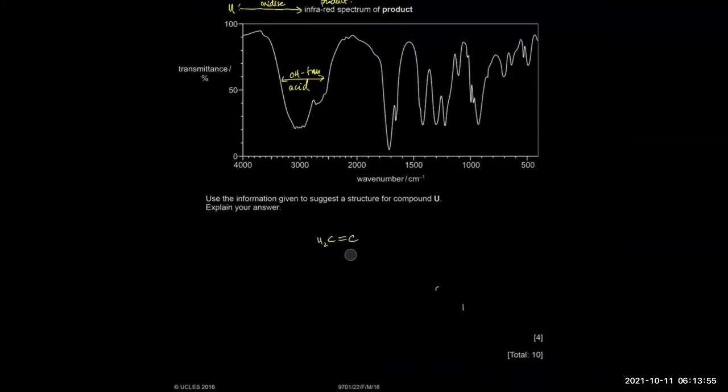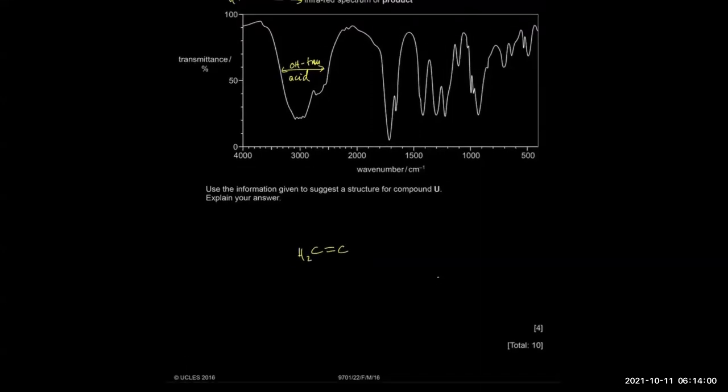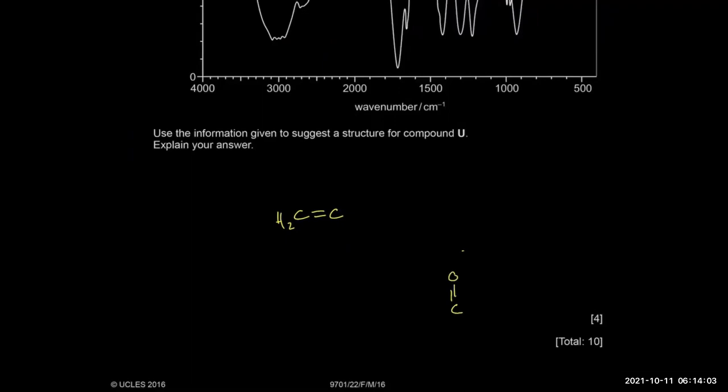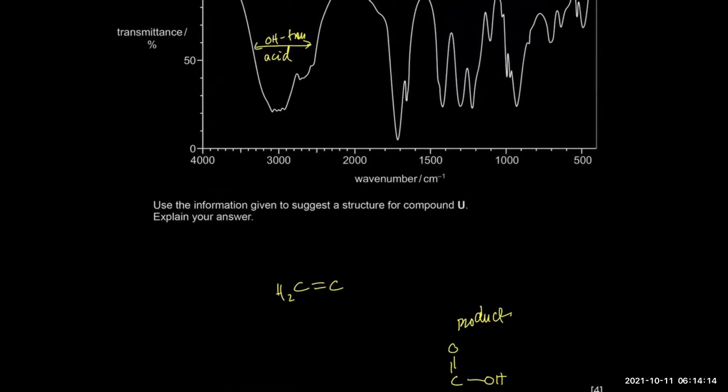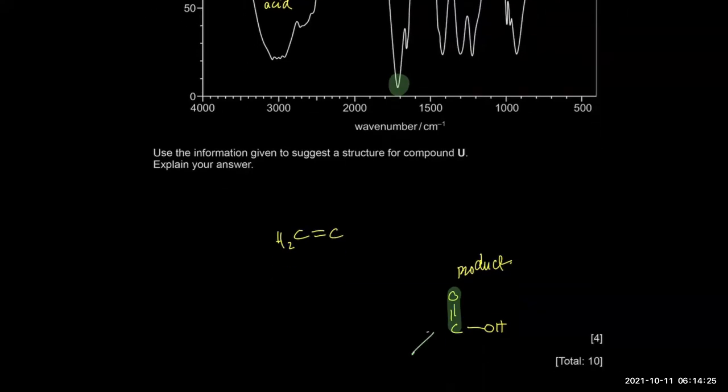We already know this is compound U. Now we know our product has a C=O and OH. The C=O peak is coming from the acid, that is, from the product. We don't know about the reactant. The reactant could have been a CHO or it could have been a CH2OH. Agreed?